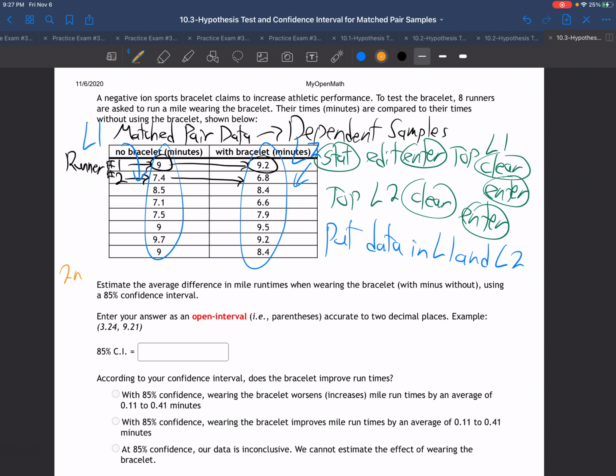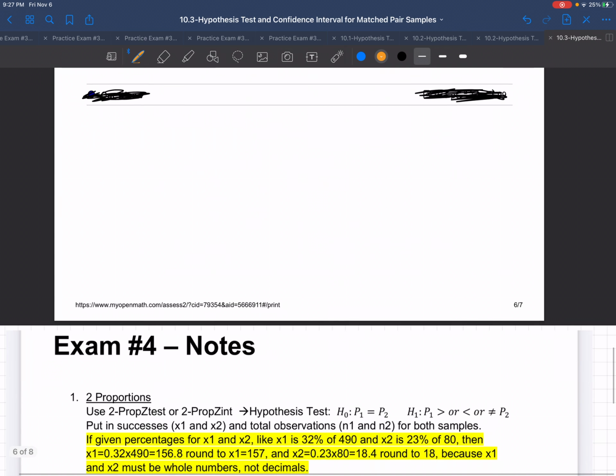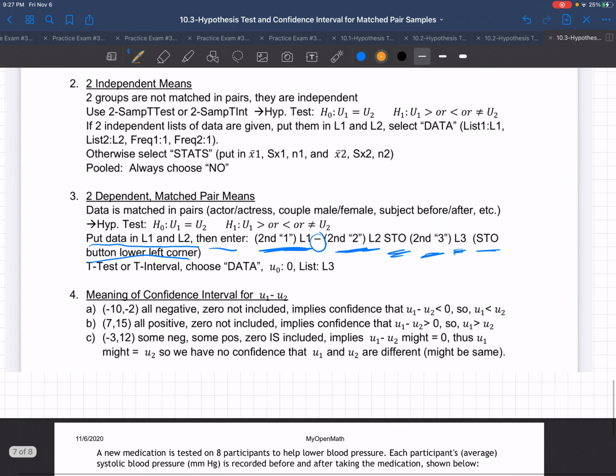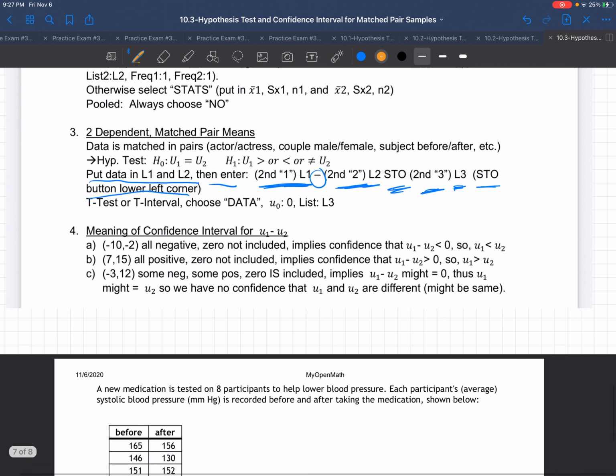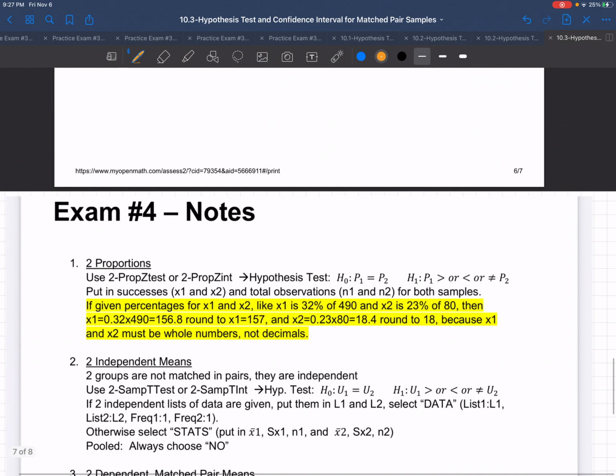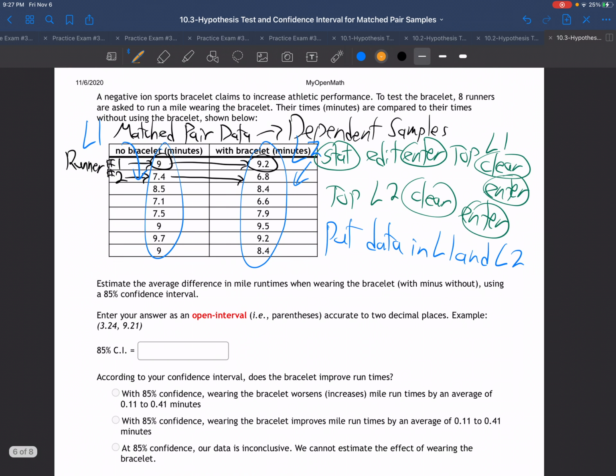I'm going to hit second 1. Well, I should say you have to quit. After you get your data in L1 and L2, I think I'll add that to the note. So put data in L1 and L2. Hit second quit. The quit button is right above the mode key.